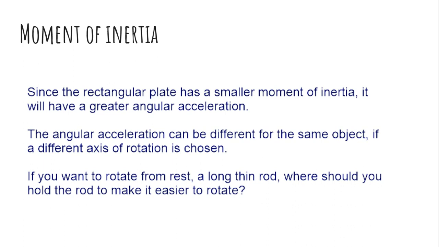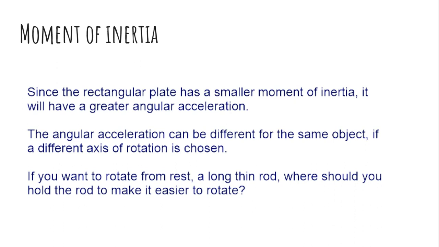The angular acceleration can be different for the same object if a different axis of rotation is chosen. This is what we saw with the rod. And this is the last question here. If you want to rotate from rest a long, thin rod, where should you hold the rod to make it easier to rotate?